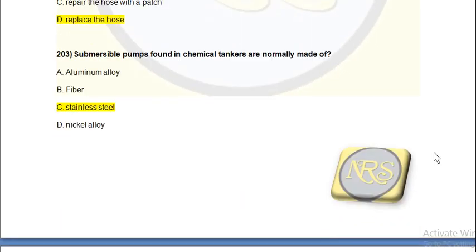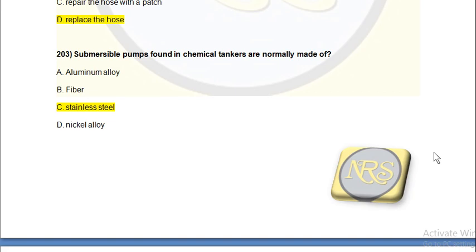Question number 203. A submersible pump found in chemical tankers is normally made of: option A, aluminum alloy; option B, fiber; option C, stainless steel; option D, nickel alloy. As we know, chemical tanks are made of stainless steel or have a stainless steel coating, mainly because of chemical reactions and the high danger of corrosion.